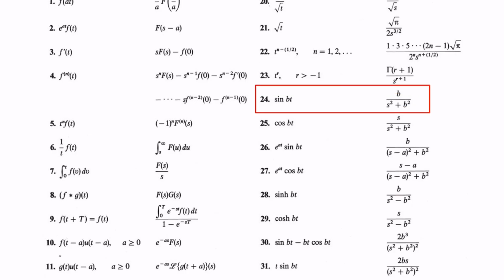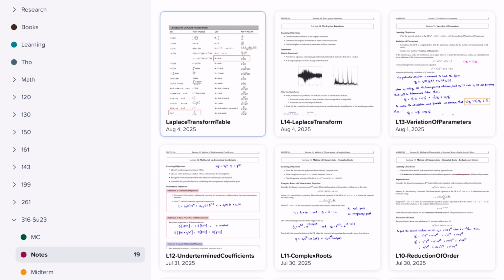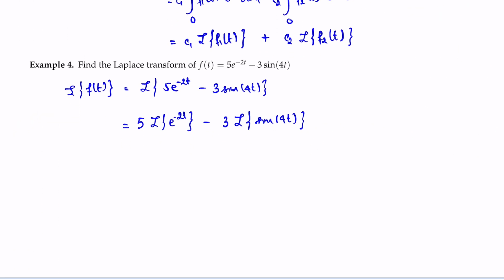So b in this case is equal to 4. So the Laplace transform of sin of 4t is equal to 4 over s squared plus 4 squared. Right, so two Laplace transforms there. Let me go back to the note. First, this is 5 times the Laplace transform of e to the negative 2t, which is 1 over s minus negative 2, minus 3 times the Laplace transform of sin of 4t, which is 4 over s squared plus 4 squared.